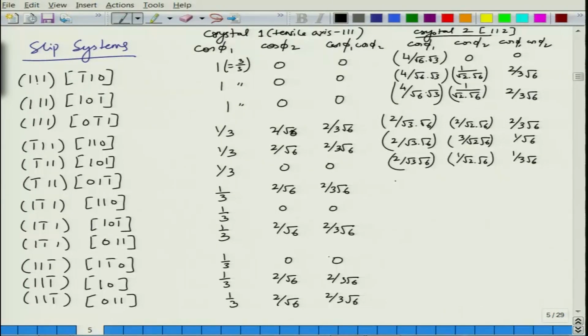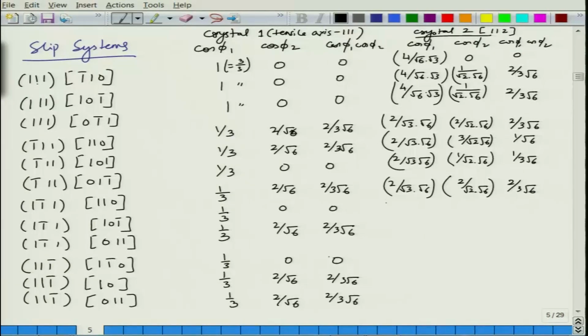For the next one now, this is 2 divided by square root 3 into square root 6. This will be 2 divided by square root 2 into square root 6. This will become 2 divided by 3 root 6.